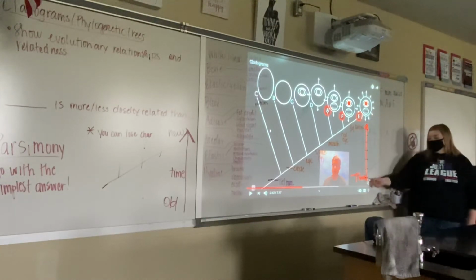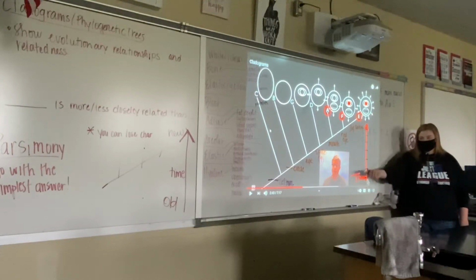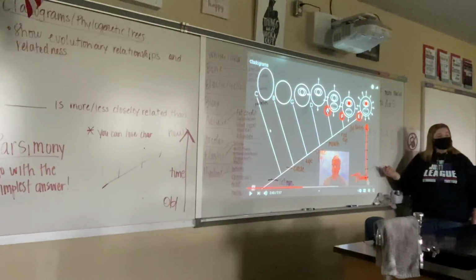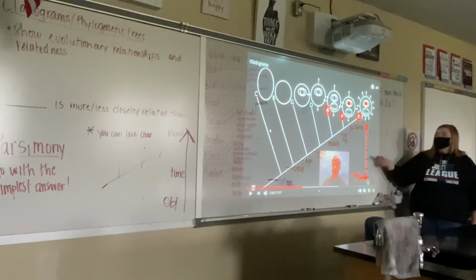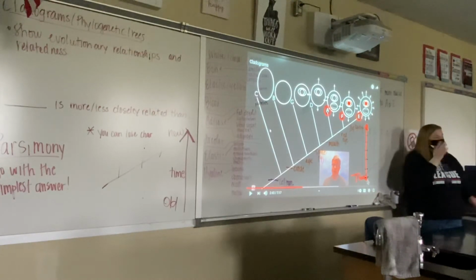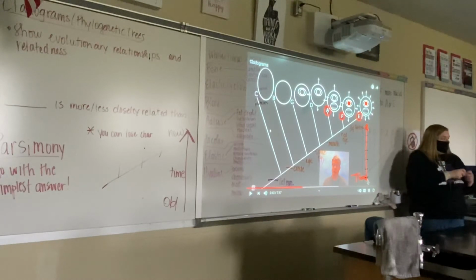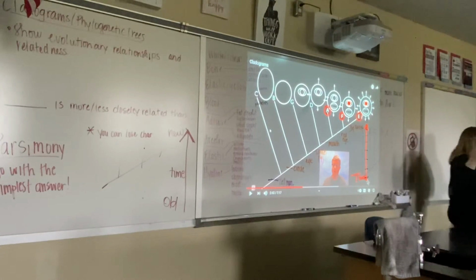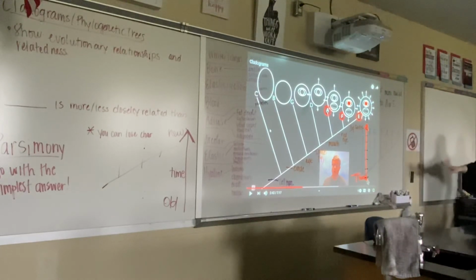So the things that are old are down here. They line up with their characteristics, or their stoplights. The things that are new have their characteristics, or their stoplights, up top. Does that idea kind of make sense? Do you see how time works when referring to a cladogram?